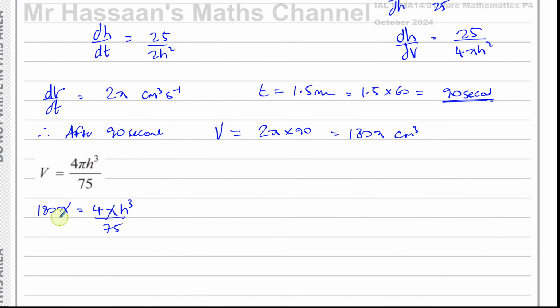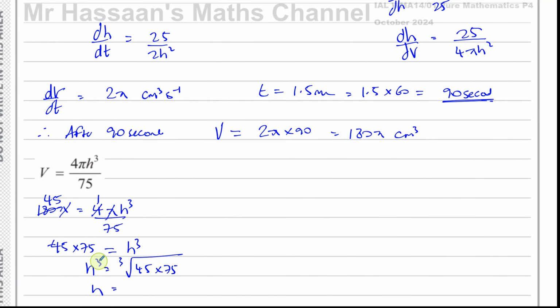Well, the pi's cancel out. 180 divided by 4: 180 divided by 2 is 90, divided by another 2 is 45. So you're left with 45 times 75 equals h cubed. So h is the cube root of 45 times 75.